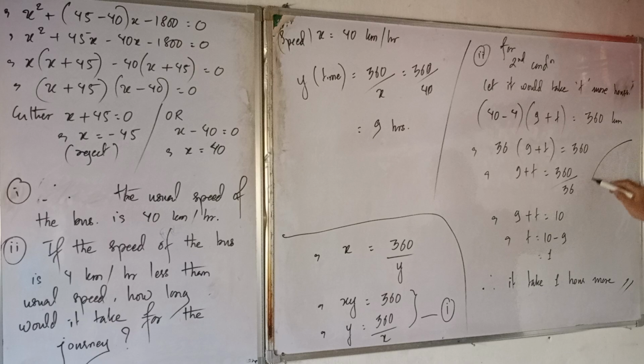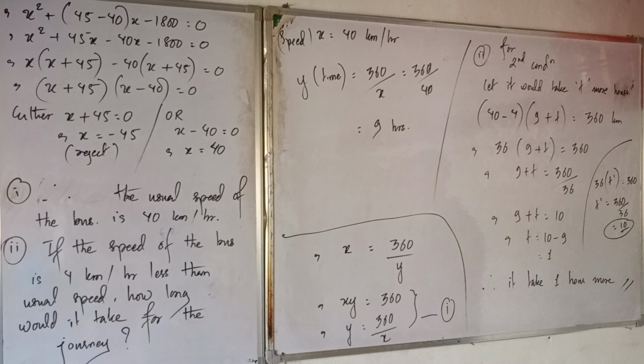Or you can do it in another way. Let the new time be t dash, and t dash equals 360 divided by 36. This will get you 10, so it takes 10 hours.